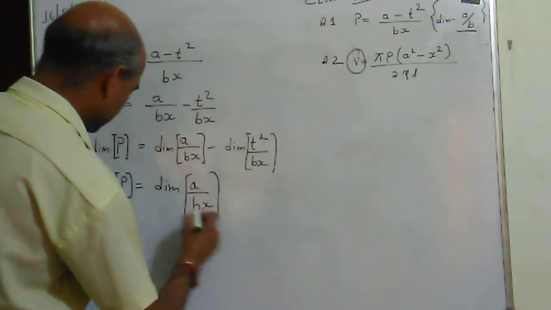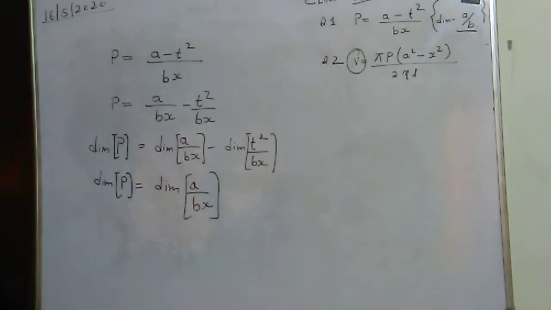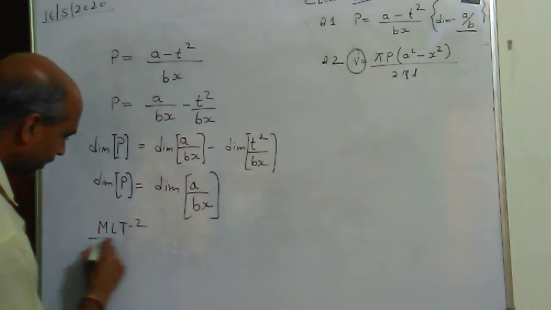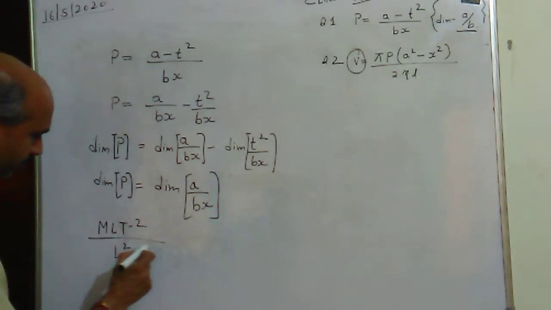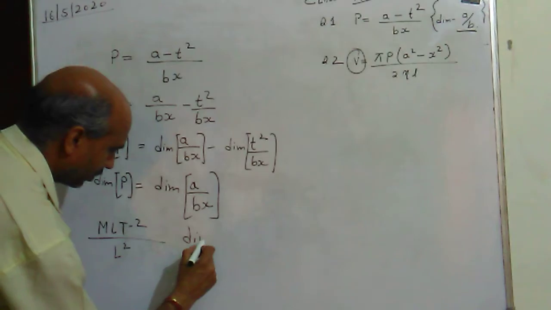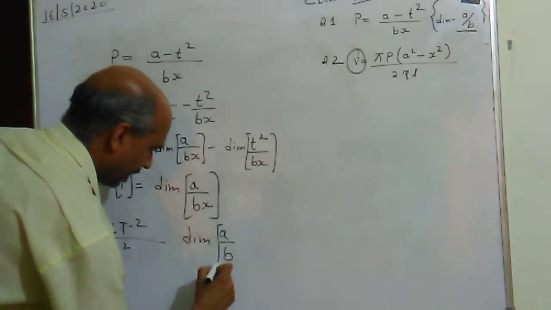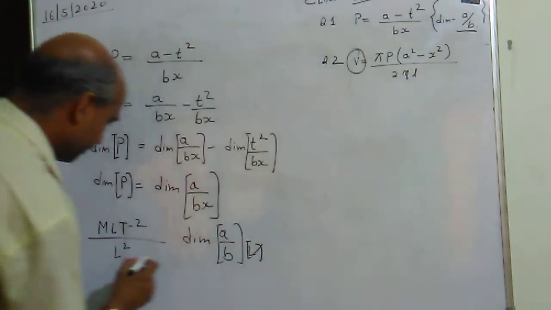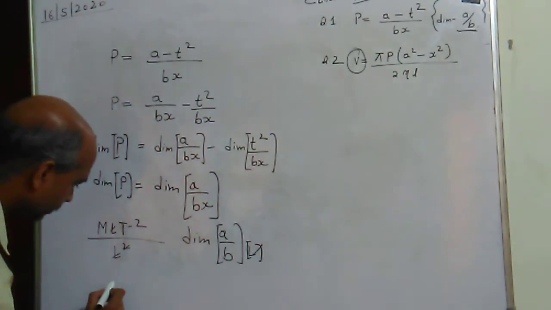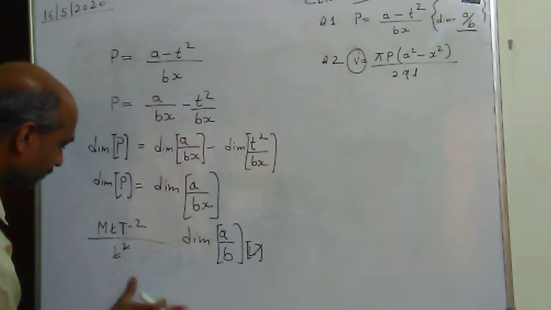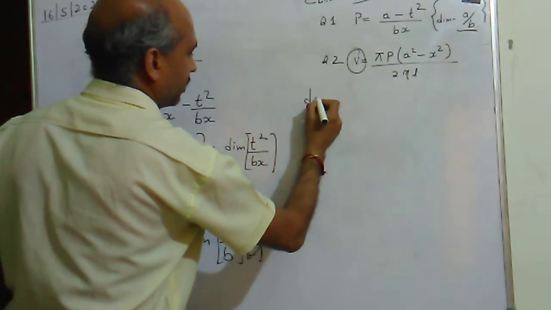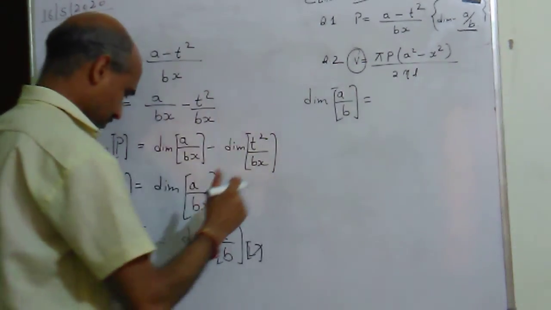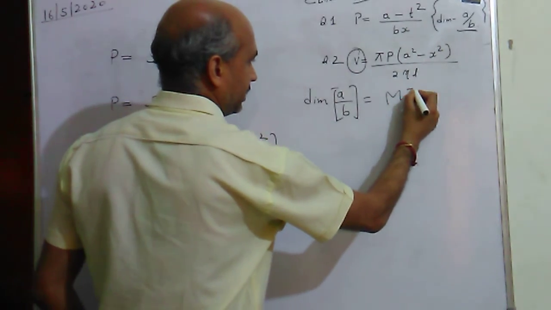X is the length, P is the pressure, and we know that pressure equals force upon area. The dimension of force is M L T minus 2, and the dimension of area is L squared. We have to calculate the dimension of A upon B, and the dimension of X is L. So L gets cancelled, and the dimension of A upon B equals M T minus 2.